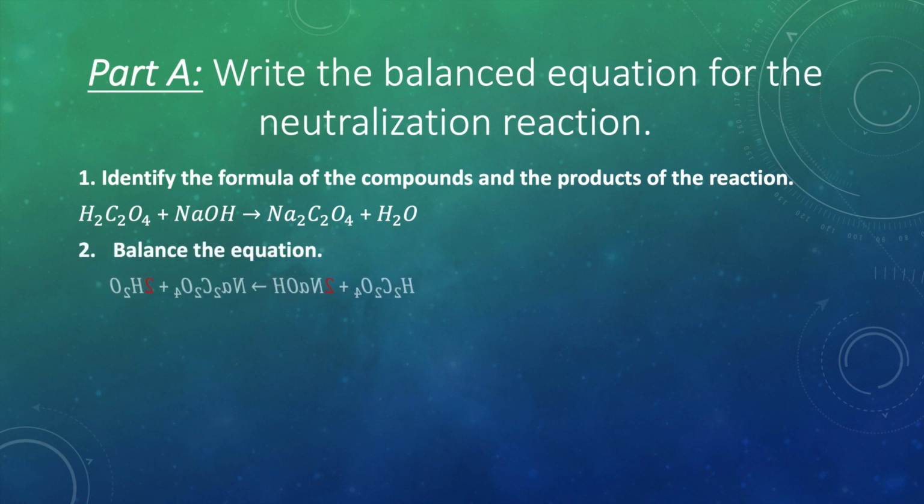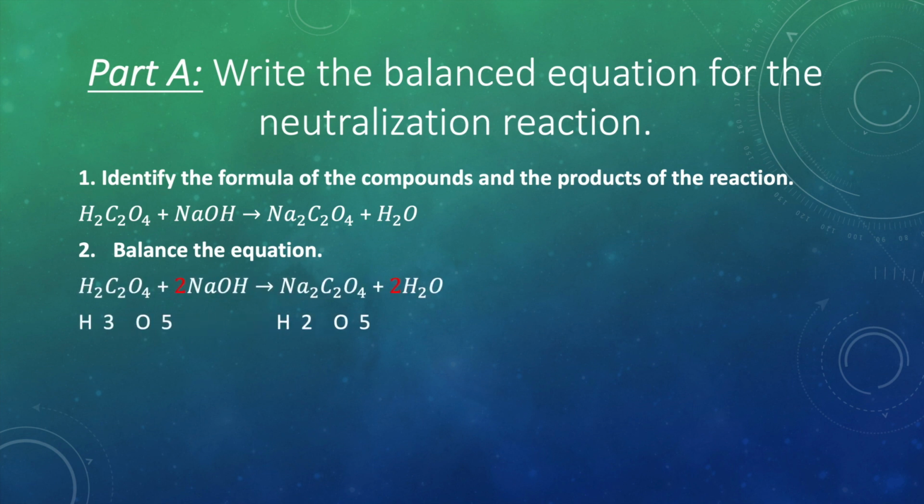When we balance the equation, remember that we need the same amount of hydrogens, carbons, oxygens, and sodium on both sides. So we would have to multiply the sodium hydroxide with a coefficient of 2, and then the water with a coefficient of 2 to get 4 hydrogens, 6 oxygens, 2 sodiums, and 2 carbons on both sides.